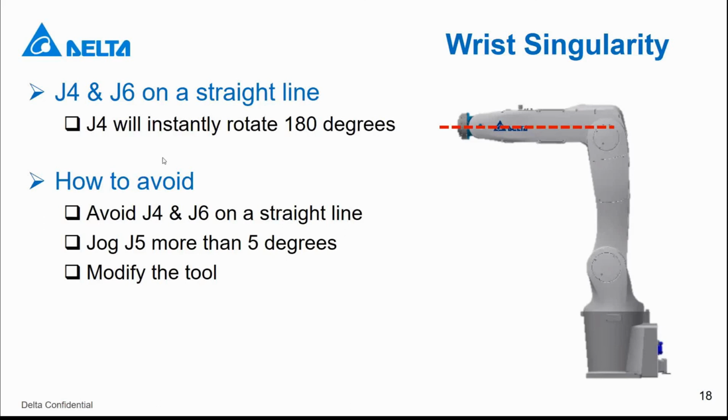So how to avoid it? Of course, avoid putting joint 4 and joint 6 in a straight line. Or maybe joint 5 can jog more than 5 degrees, then 4 and 6 won't be in a straight line. Or maybe you need to modify the tool to avoid it.